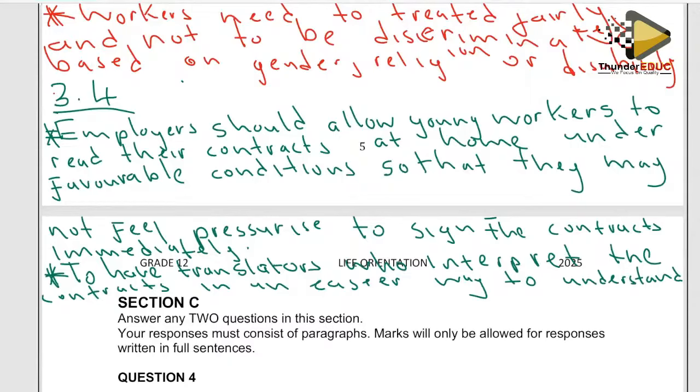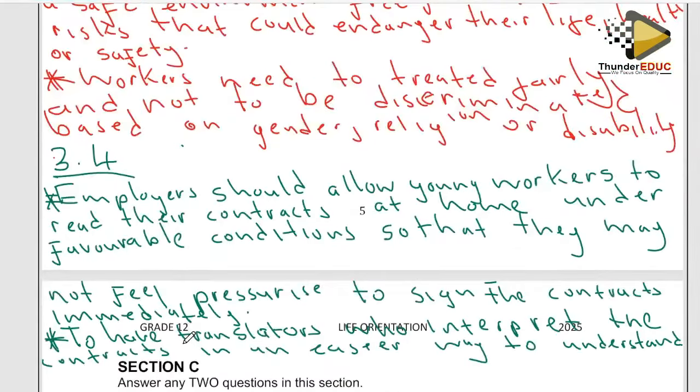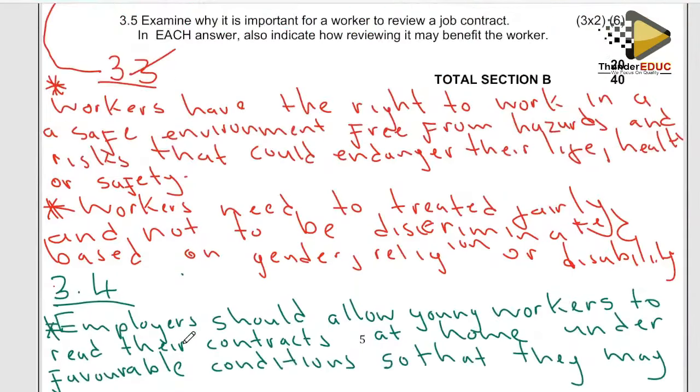Contracts are usually complicated documents which use legal language or legal jargon, which can be difficult to understand. So there must be translators who can interpret that particular legal language so that our young people would know exactly what they are signing up for.